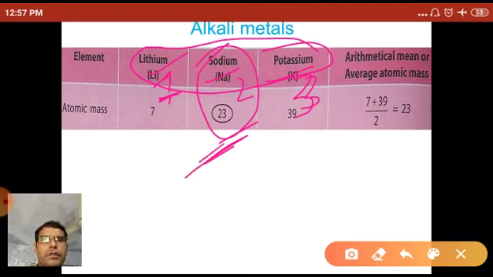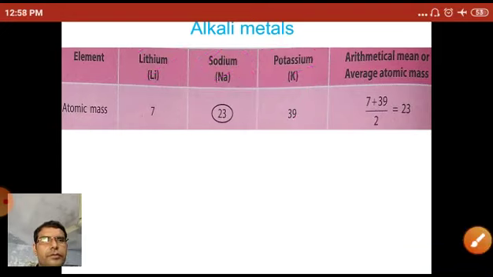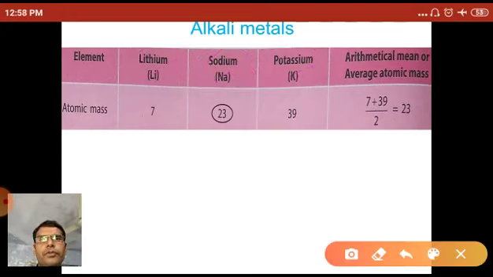Here the atomic mass of the first element, lithium, is 7. The atomic mass of the third element, potassium, is 39.